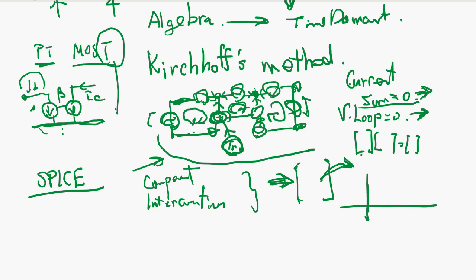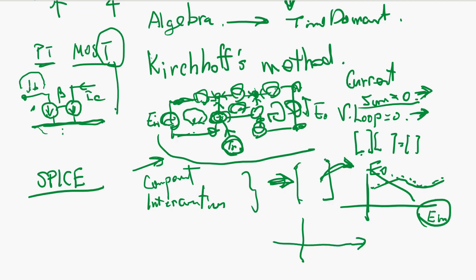Say this is V in and this is V out. For V in, the input voltage, it can calculate the output voltage. So it shows the effect of input voltage on the output voltage. It can also calculate the time domain for E out.